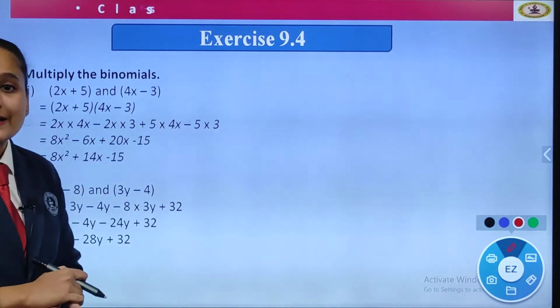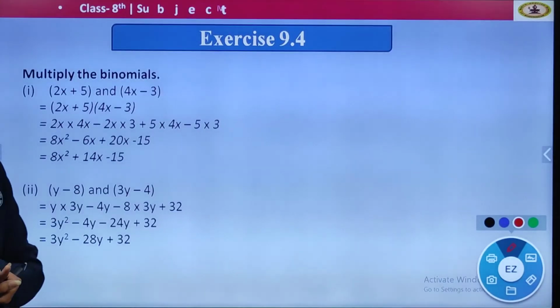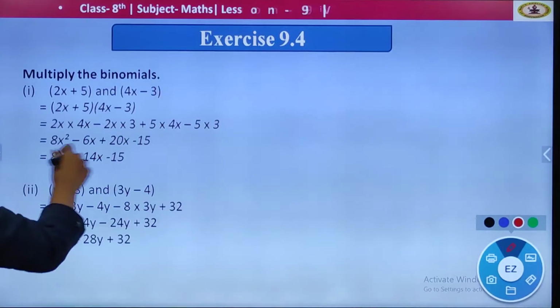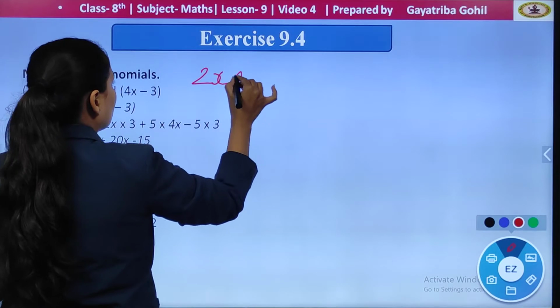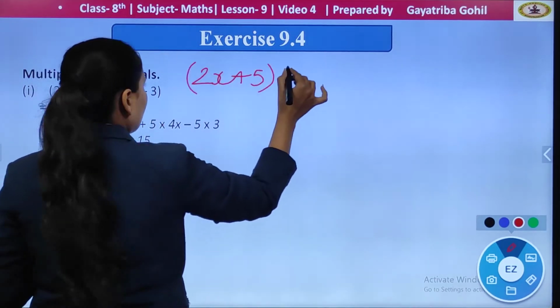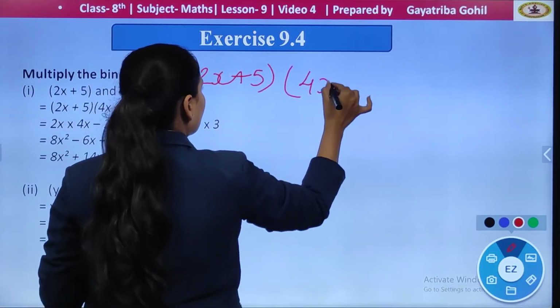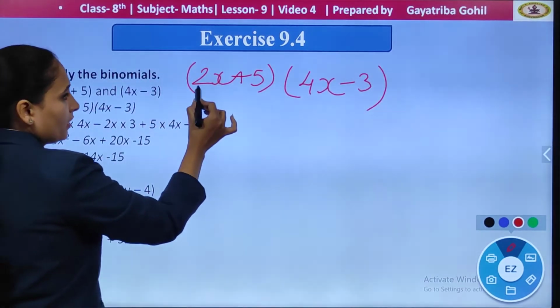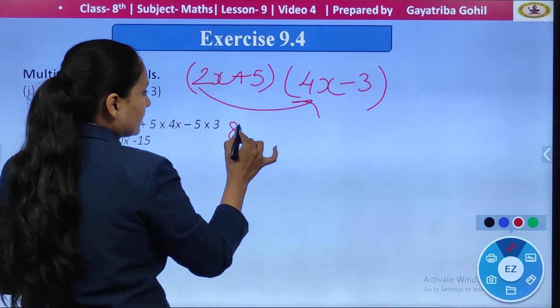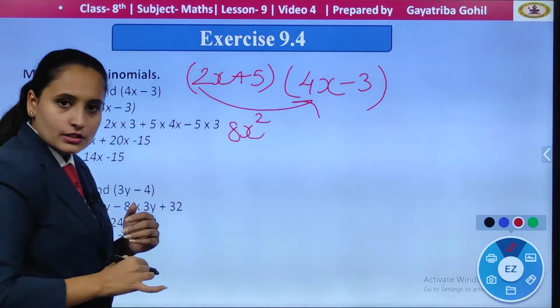Then we have exercise 9.4 where we are going to multiply the binomials. So, over here you want to multiply 2x plus 5 and 4x minus 3. Again 2x into 4x, 8x square.